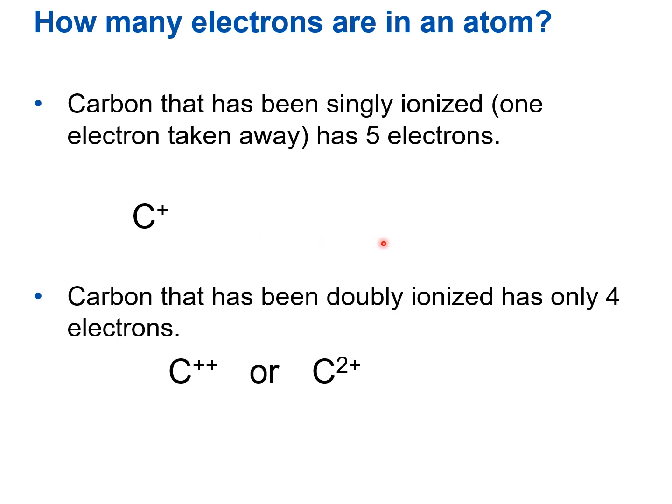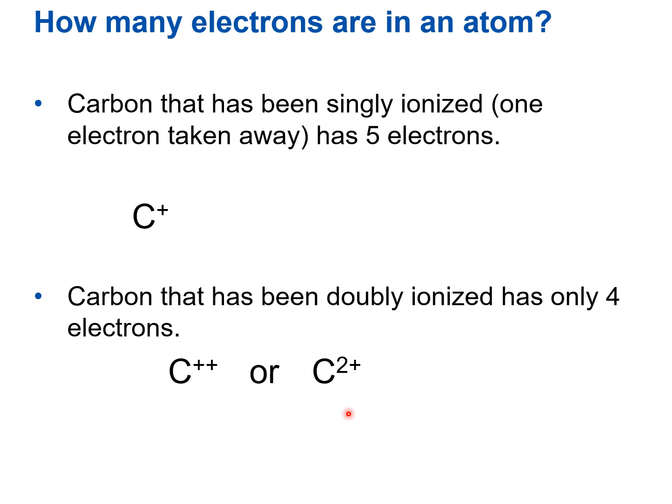Now, if we take away another electron, then it's been doubly ionized. So a carbon atom that's been doubly ionized has had 2 electrons taken away, so it only has 4 electrons now. It can be written like this, either C++ or C2+, and that means it has a charge of +2.